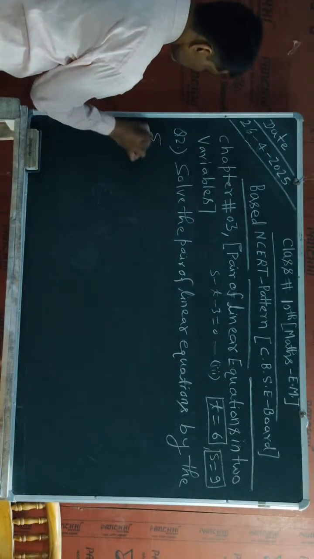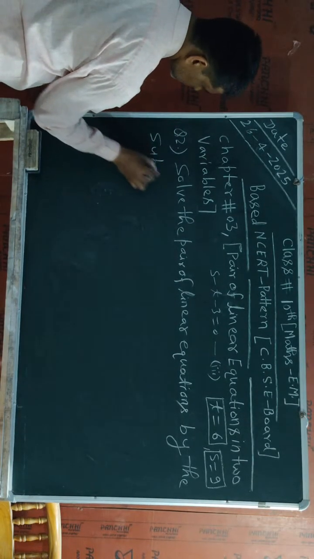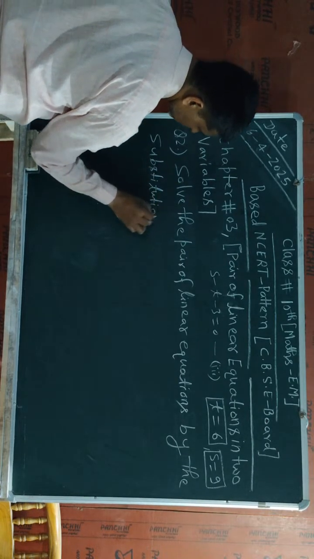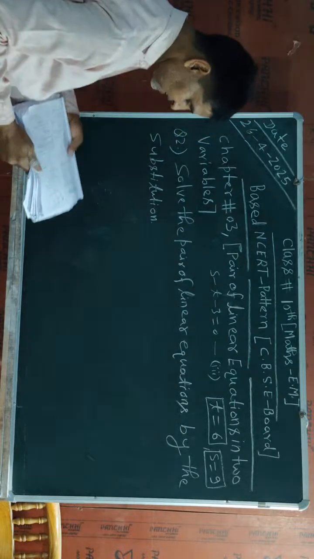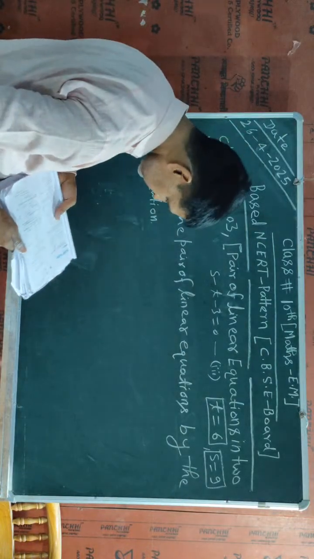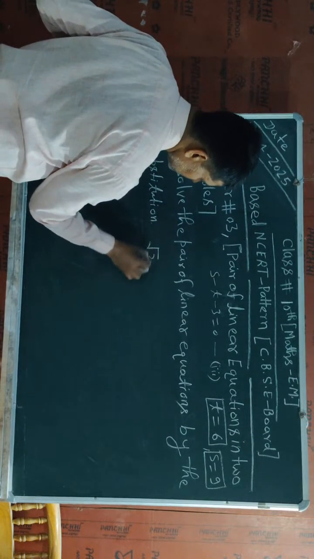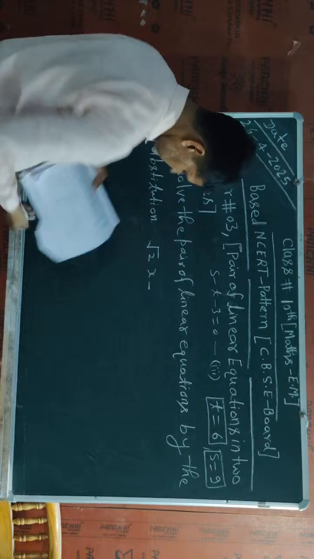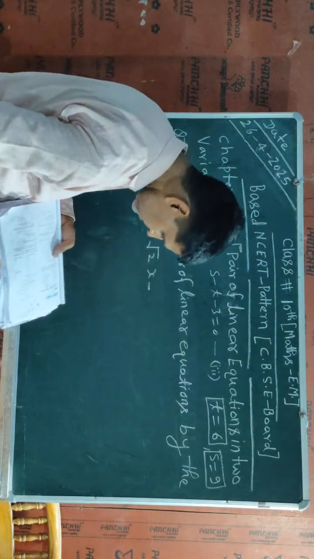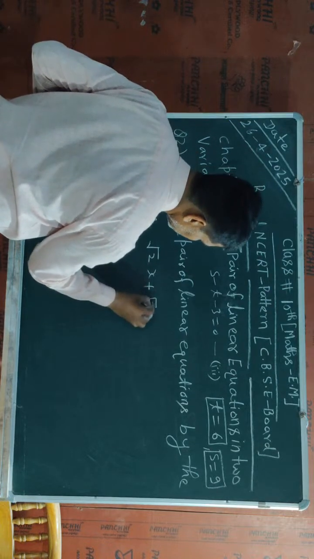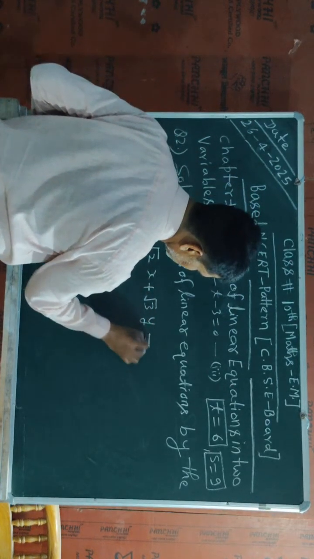Now the equations are written as root 2 into x plus root 3 into y, which is equal to 0.